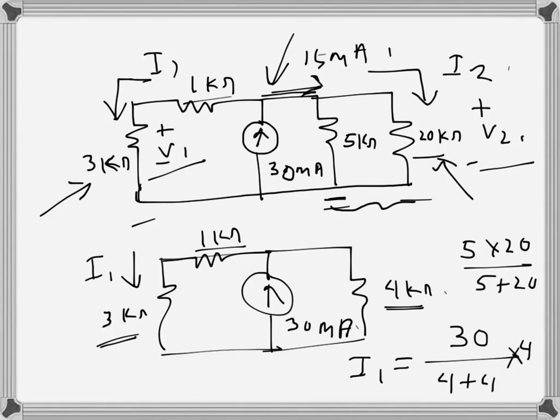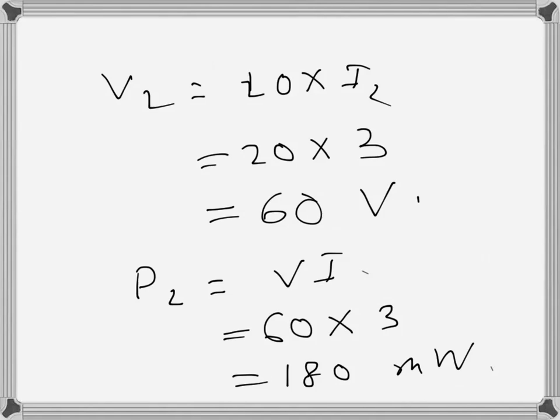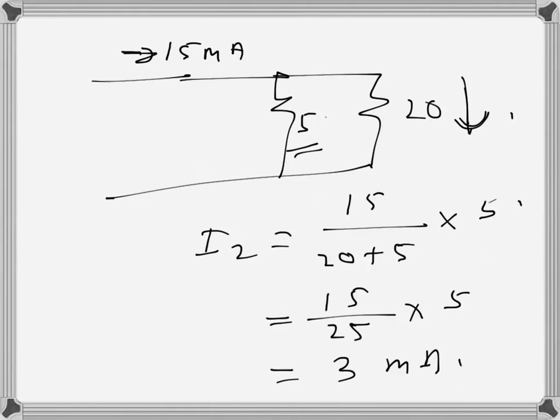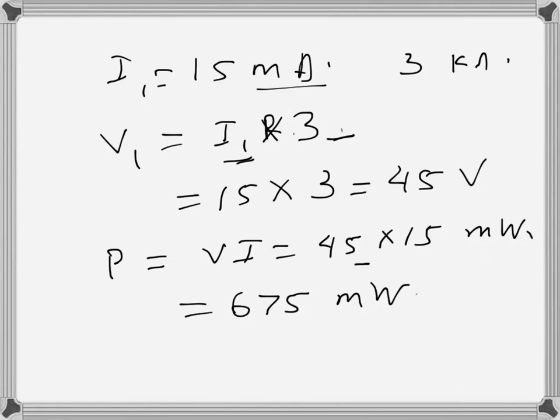Now we need to find the power supplied by the current source, which is this one, 30 milliamps. So all we need is the voltage across this one. The power supplied by the current source will be VI. The voltage is basically the voltage drop here, which is 60 volts.